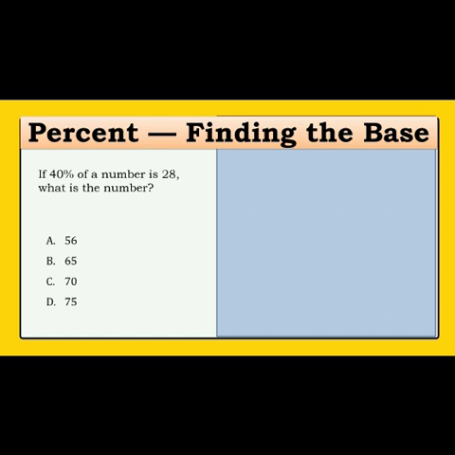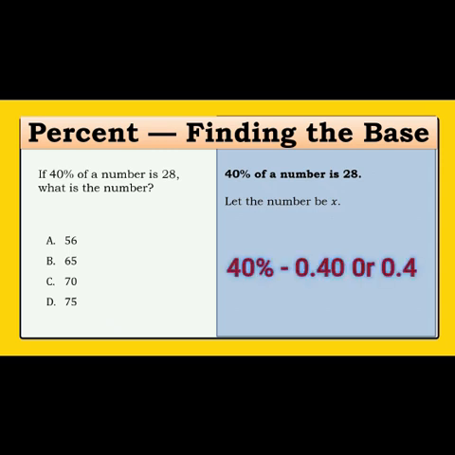Alright, let's find out. So 40% of a number is 28. So let the number be x, or we can use any variable on it, but in this example, we're going to use x. Next, change 40% to decimal. So how do we change percent to decimal? Just move the decimal point 2 places going to the left, and we can get 0.40, or we can just write it 0.4.